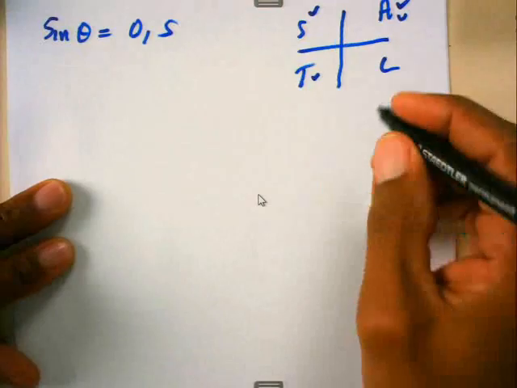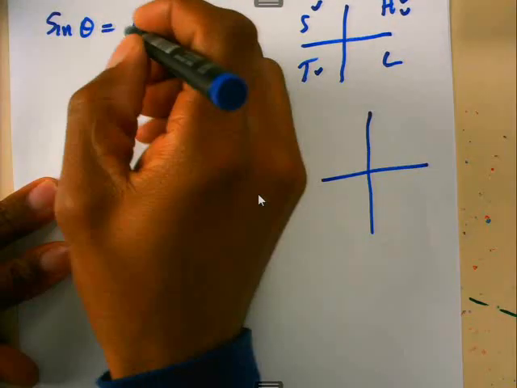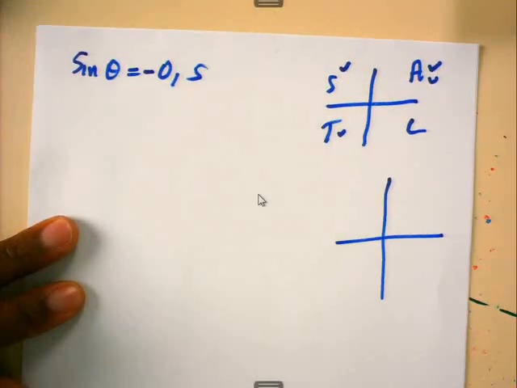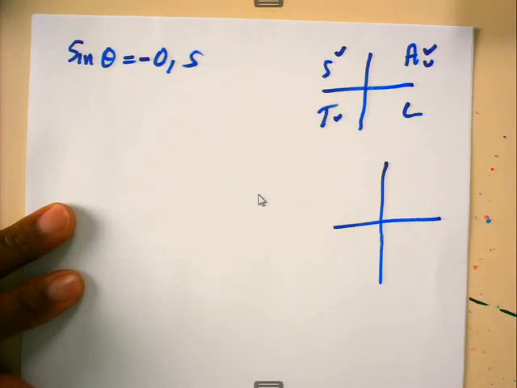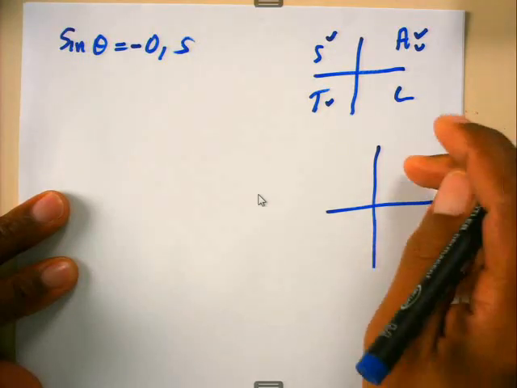But what's going to happen if the ratio is negative? You are still going to get two answers for sine if the ratio is negative, two answers for cos, and two answers for tangent. Remember, in the first quadrant they are all positive.